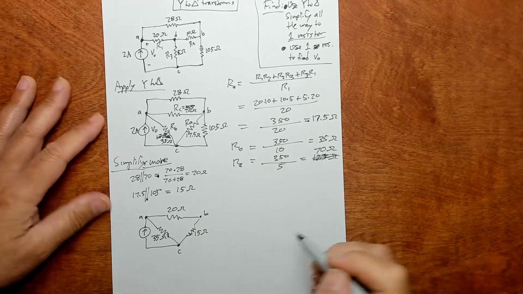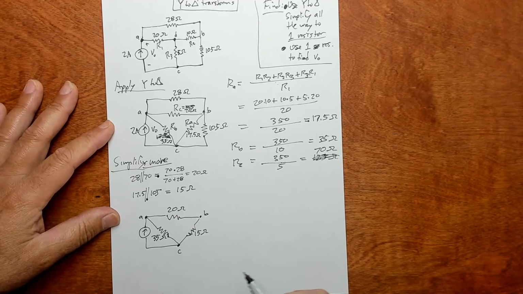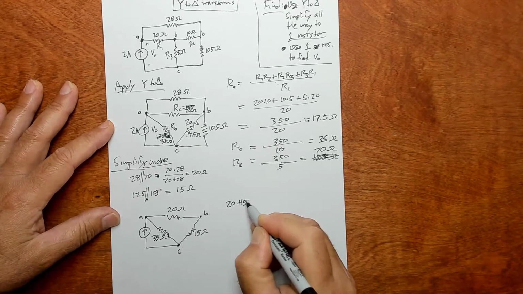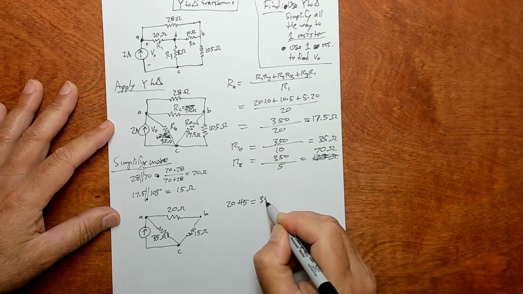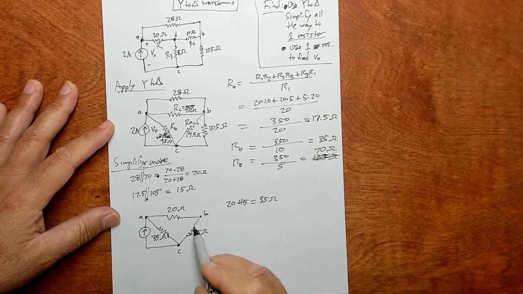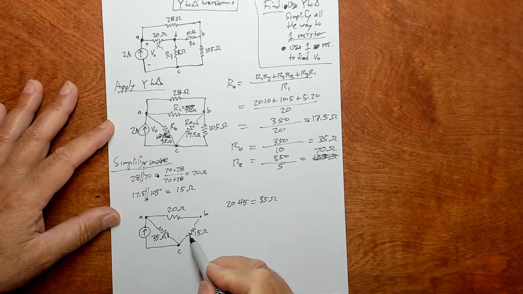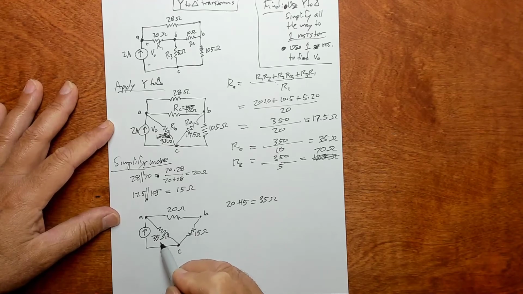Okay, so now we have more simplifications we can do. These two are in series, so 20 plus 15 is 35 ohms. And now the 35 ohm between A and C, if you redrew it, which you could if you wanted to, you'd have a 35 here, and then that would be in parallel with another 35.